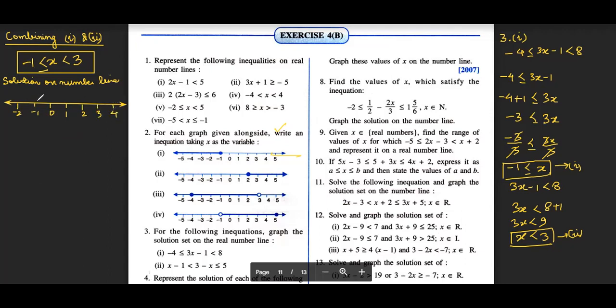So -1 is included because there is an equal to sign. I made a dark circle above -1. 3 is not included, so I made a hollow circle above 3. And then I will join the space between them. I will thicken the space between them.